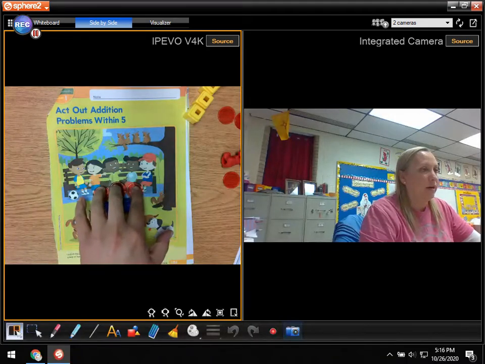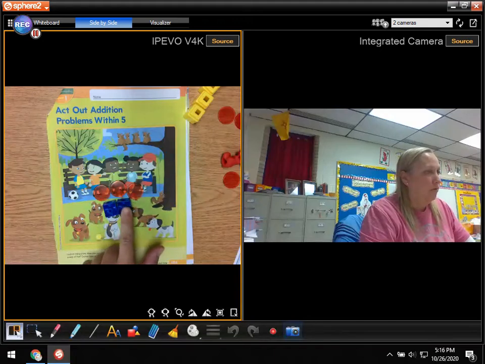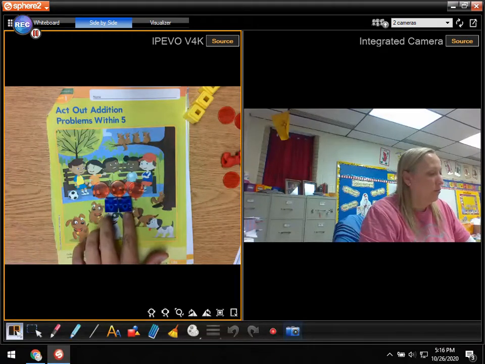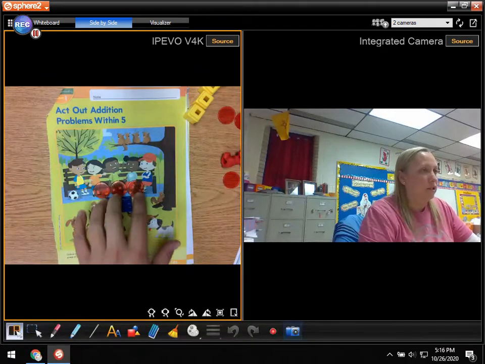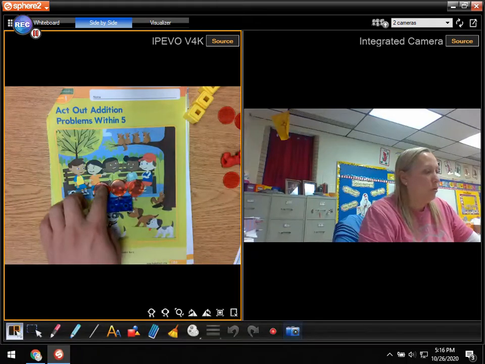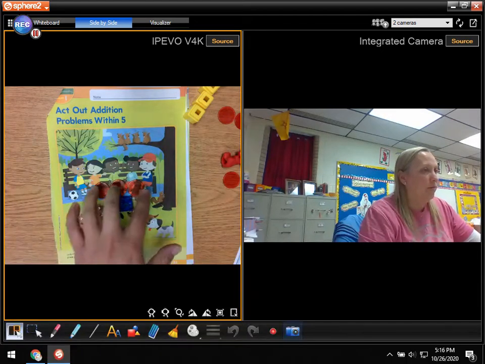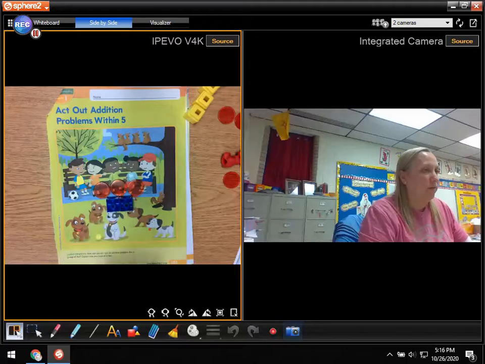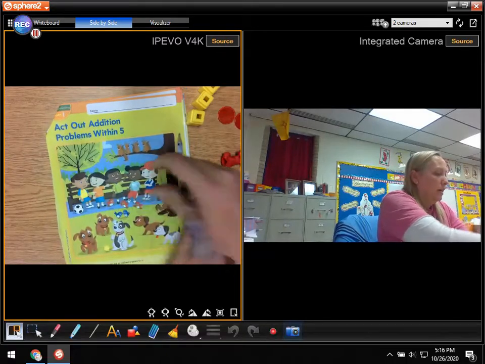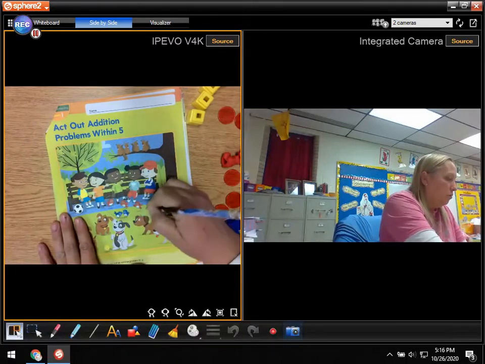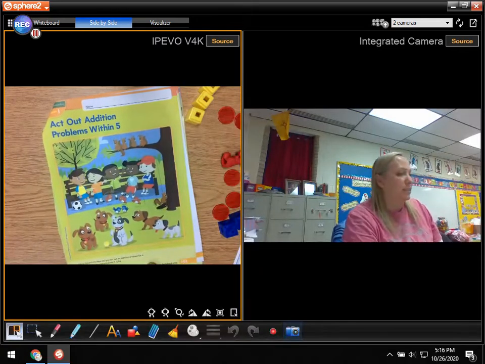We always say our big number first, so 3, 4, 5. There's a group of 5. 3 red birds and 2 blue birds equals 5. So we can circle our little group of birds because there's 5. That's an addition problem.